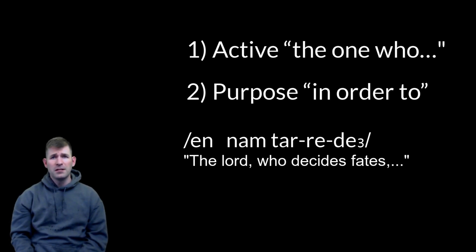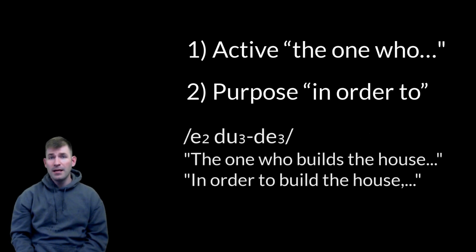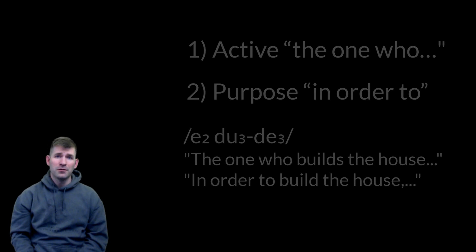If this translation did not fit the context, you would translate it, the Lord, in order to decide the fate. Similarly, if you see a2 du3 da, you would initially translate this, the one who builds the house. If this does not work in the context, you might try, in order to build the house.